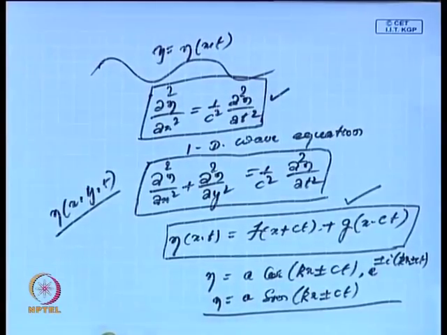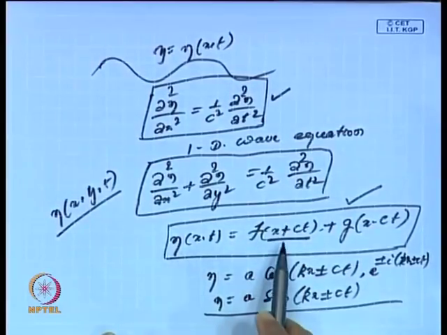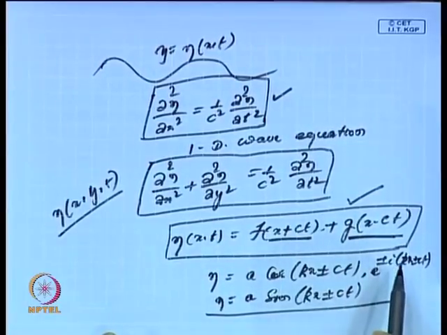So, they all represent this: in this form, this is the wave which propagates in the negative direction with velocity c, and this is the wave which propagates in the positive direction with velocity c.